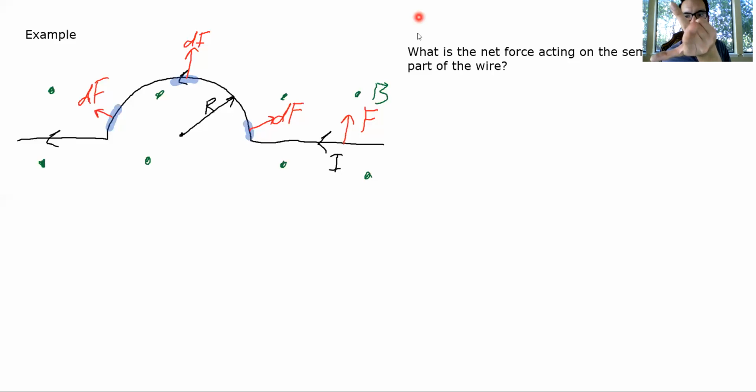I know it's not the best way of seeing it, but hopefully you can see what my fingers are doing. A little tricky when you have those angles, but remember that when you do the cross product, your force is always going to be perpendicular to your current.